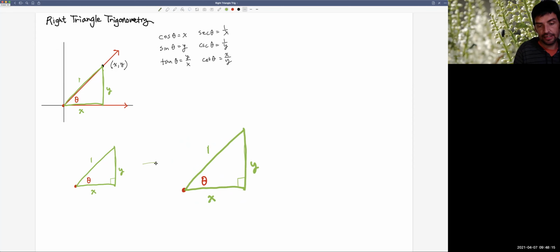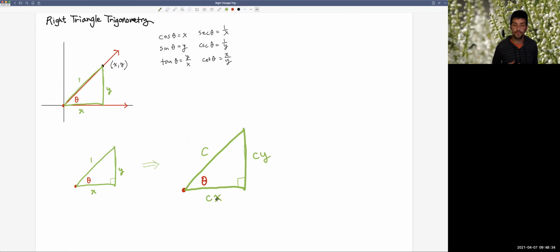If I've scaled it, let's say I've made it c times bigger, then each of these sides will scale by a value of c. So this hypotenuse, which was 1, becomes c. This height that was y will be c times whatever y is. And this base that was x units long becomes c times x.